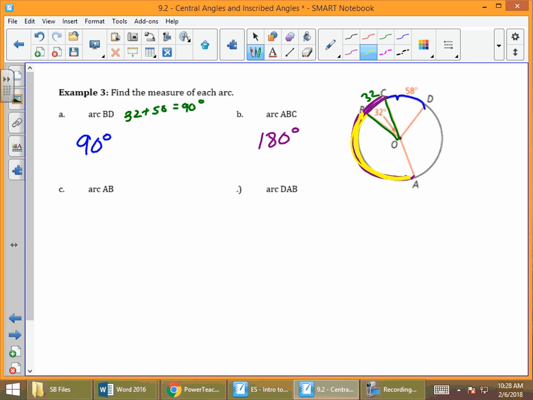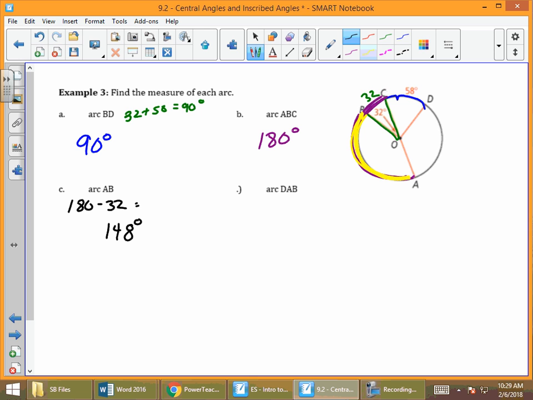Subtract 32 from 180. What is 180 minus 32? 148. Because if we know that whole purple arc was a semicircle, which is 180, we take away 32, we take away BC, and we have that yellow arc. So 180 minus 32 is 148.